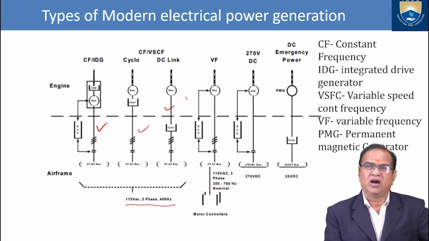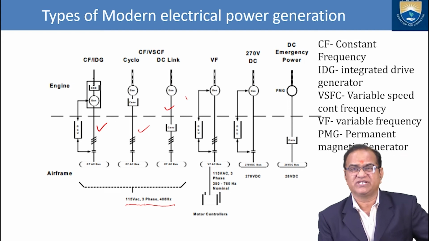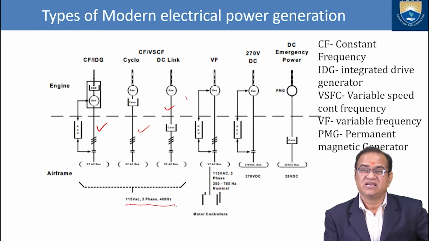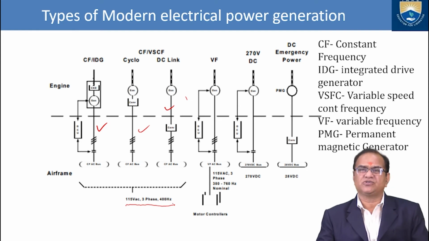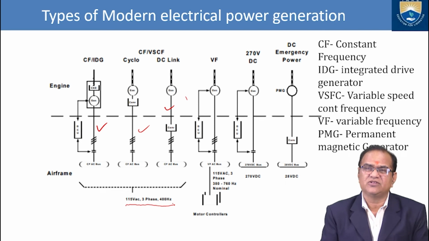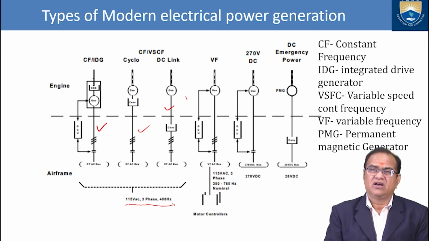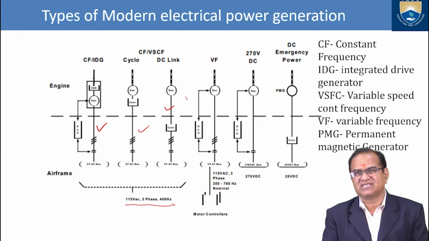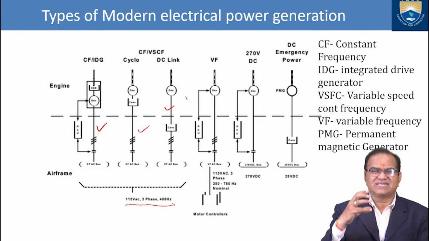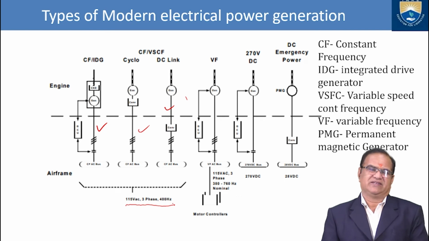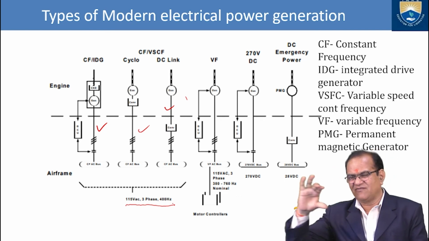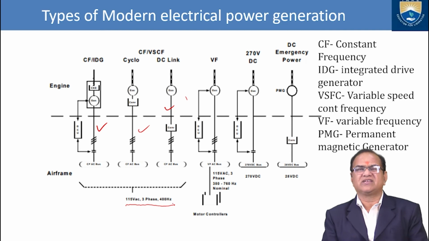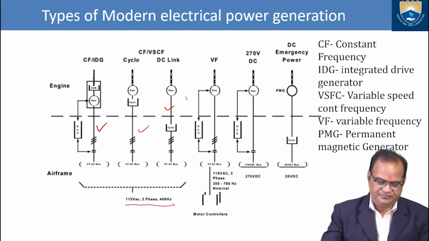They all are producing 115 volt AC 3-phase 400 hertz. 400 hertz is a very high frequency. In our house or in industrial use, we use 50 hertz, not 400 hertz. The advantage of 400 hertz is that the fluctuation is reduced tremendously per unit time. It is like a very smooth current, not alternating like this. It looks very smooth, so 400 hertz is used in the aircraft industry.